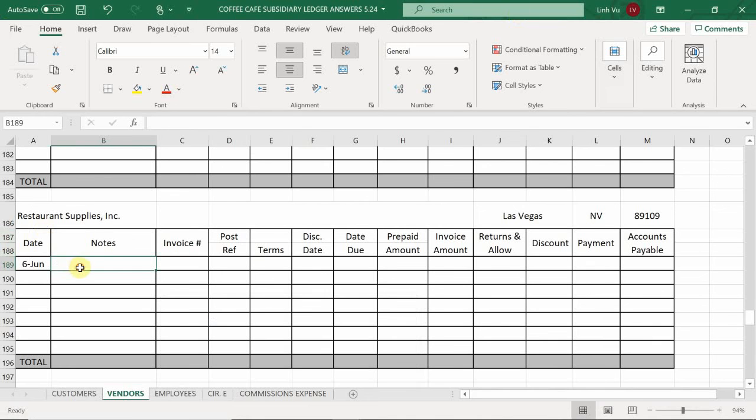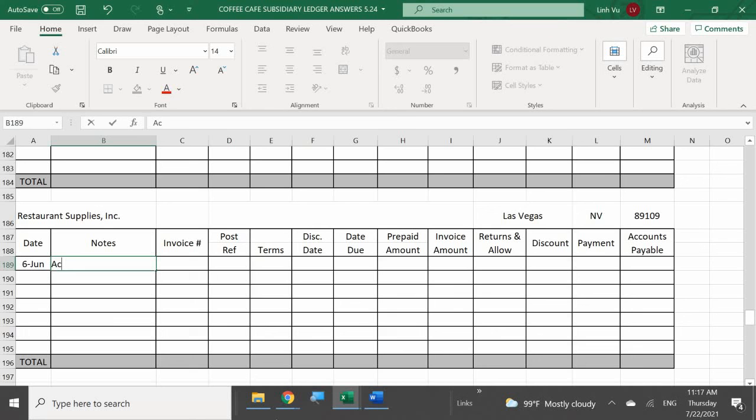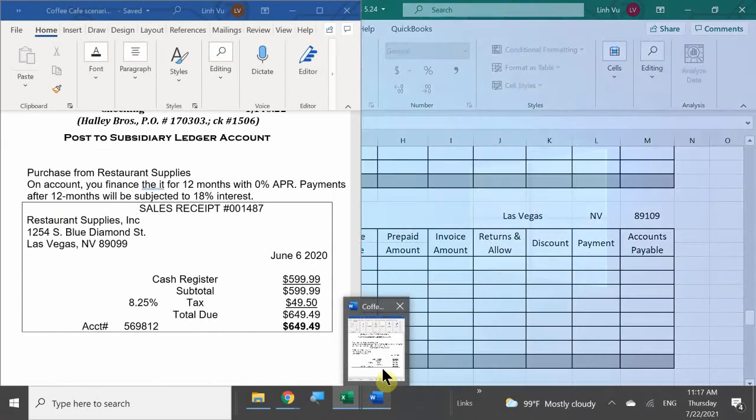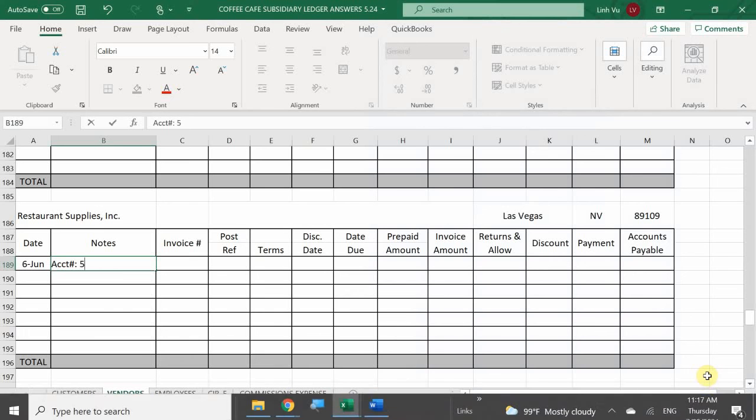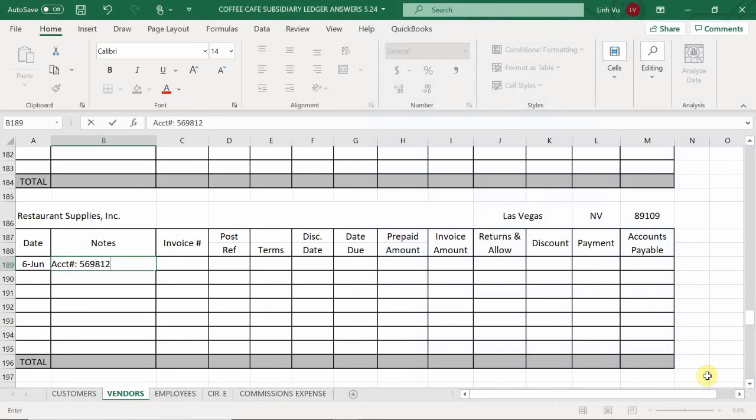In this case, I'm going to go ahead and write here that I have an account number. What was it? Account number 569812, okay?